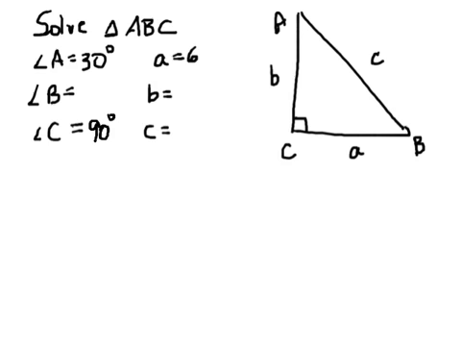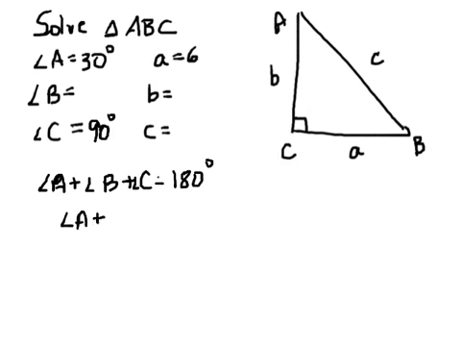The second easiest thing to do is to recognize that a triangle has 180 degrees, angle A plus angle B plus angle C equals 180 degrees. Angle C is 90 always, so that means the other two angles, we remember from geometry, angle A and angle B, add up to 90, and since angle A is 30, angle B is 60.